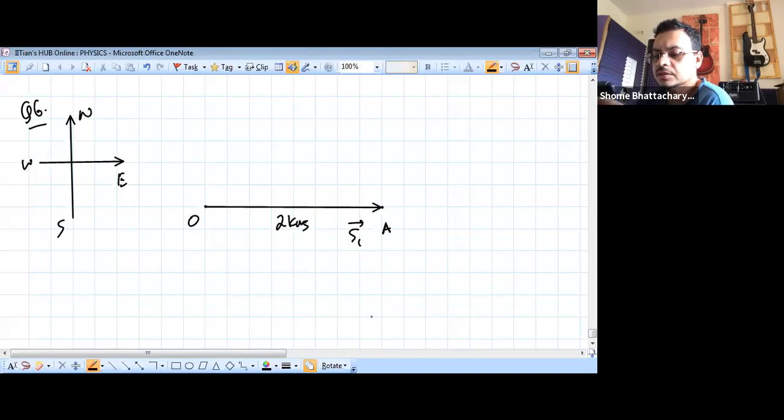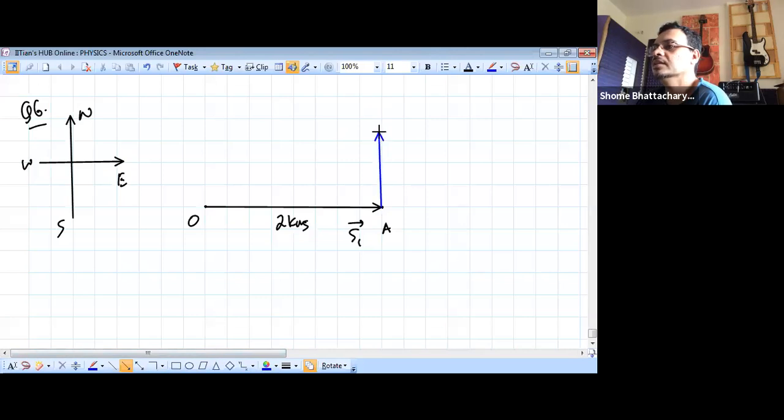Perpendicular right turn बनाते हैं. Sorry, made a perpendicular left turn. So left turn means it will go northwards. See, if something is going in this direction, तो यहाँ से left turn by 90 degrees कैसा होगा? ऐसा होगा. So going like this, the left turn will be like this. So the second displacement it's making is going to be towards north.